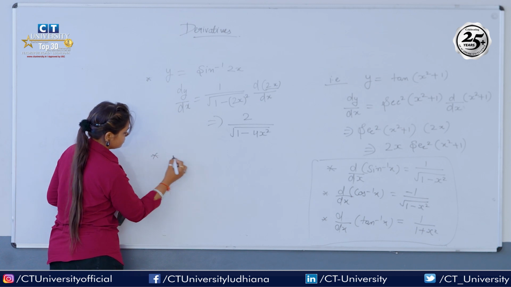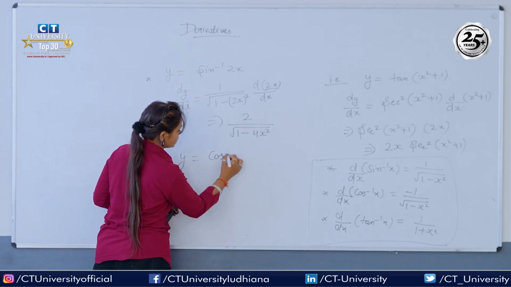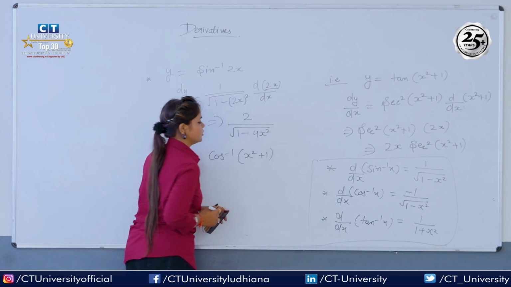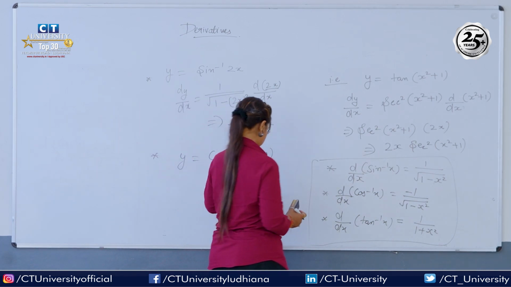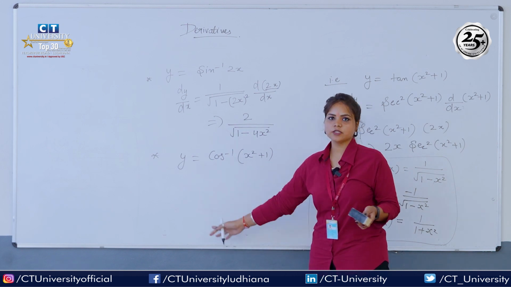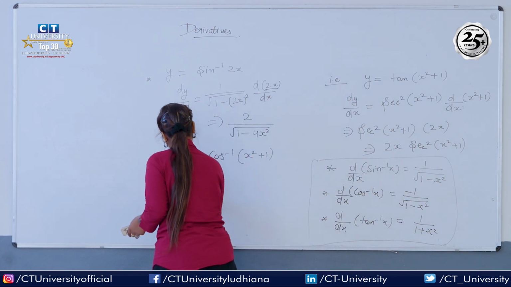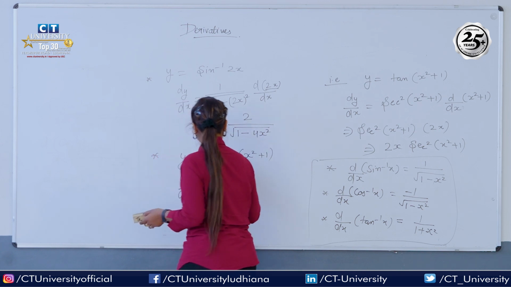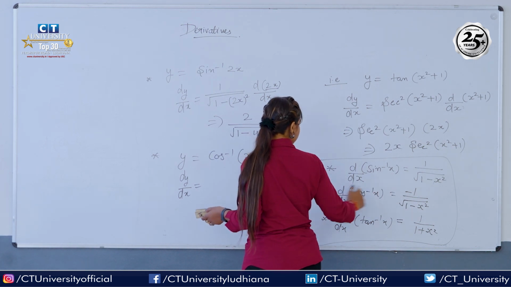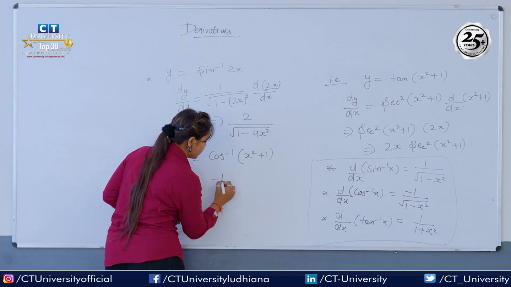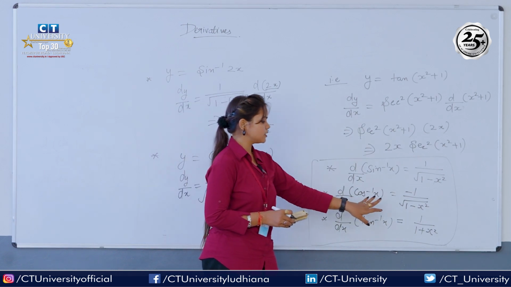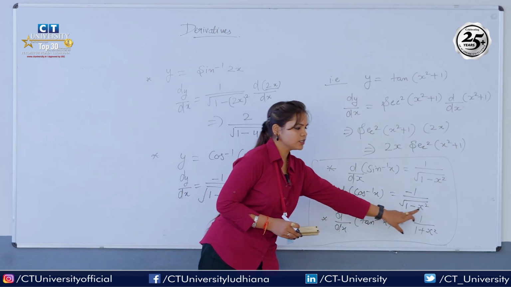Next example: y equals cos⁻¹(x² + 1). Differentiate both sides with respect to x. The derivative of cos⁻¹ is −1 over √(1 − angle²).